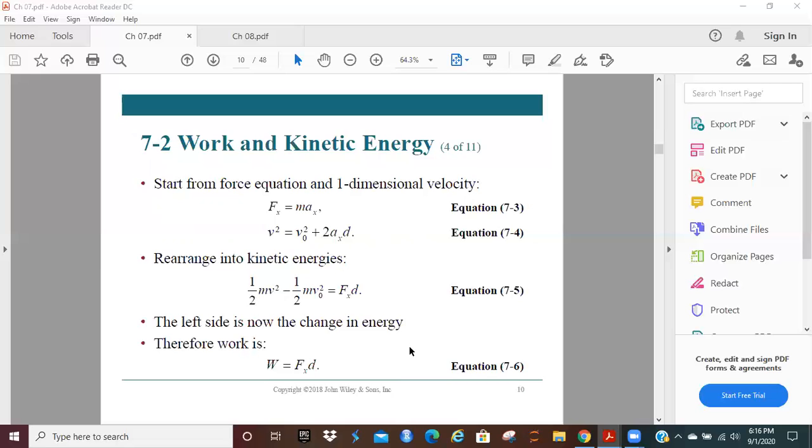So the left side is going to represent how much change in energy you've got from the end subtracting the beginning. So the work is therefore going to be the force times the distance. Again, we had defined work as the change in energy.